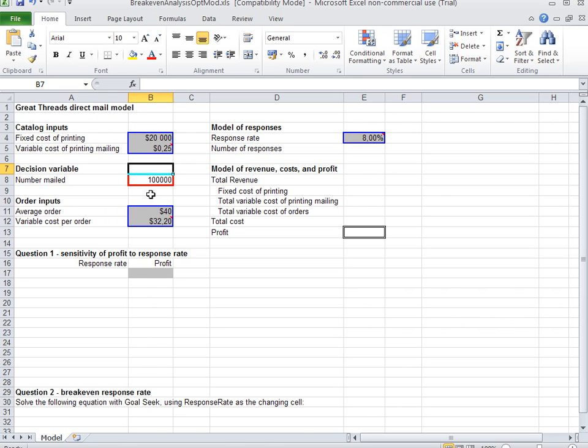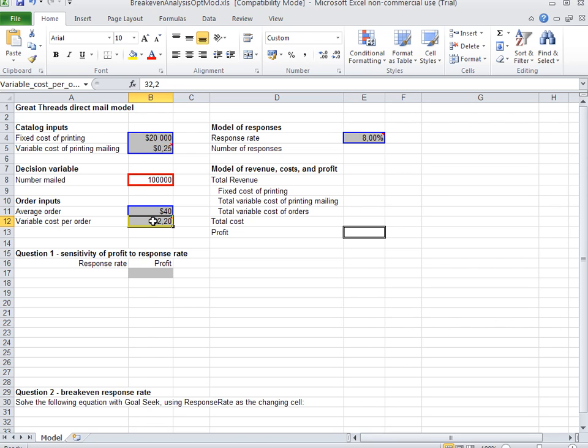Now, in case a person places an order from our mailing catalog, the average size of the order is $40. So this is the money coming in. And there is something called a cost related to that order, which means that if there is an order, since we need those products, we need to buy those products or make them ourselves.